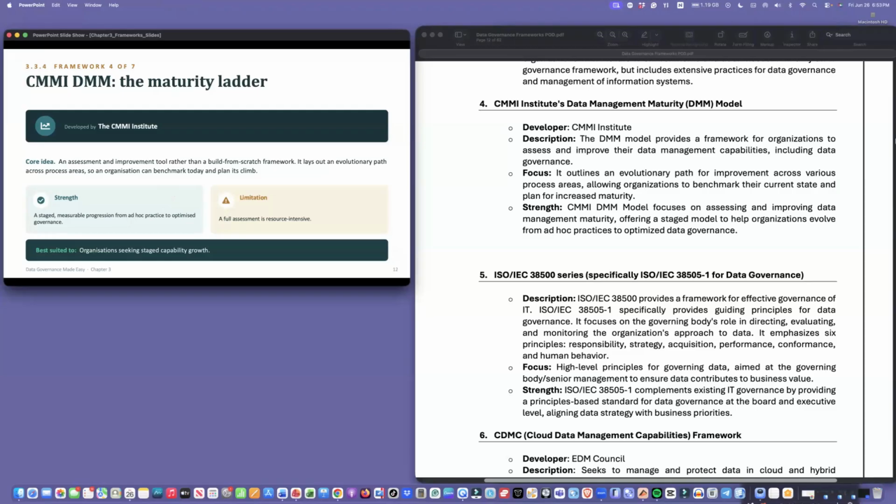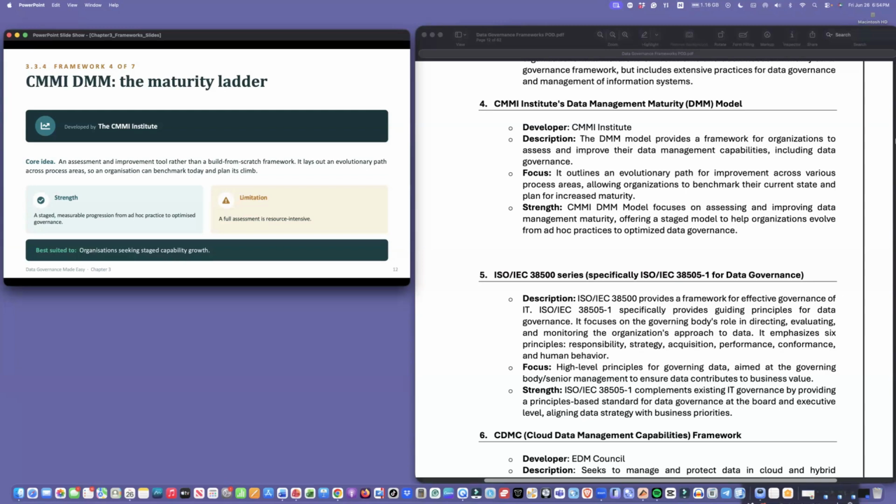The word maturity tells you that it is going to give you the evolutionary path to look at where your organization is. Which level is your organization? Are you in level 1, level 2, level 3? So that you can know what you should do to move to the next level. So it's an assessment of what you have in your organization.